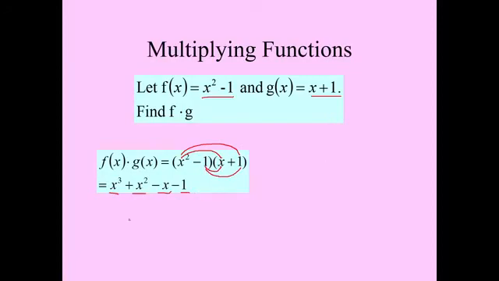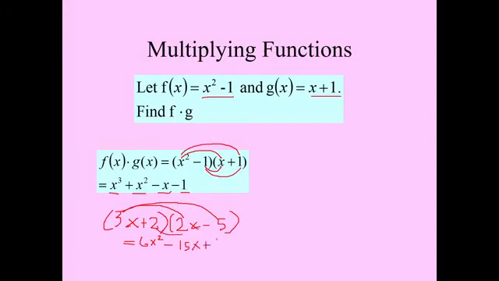What if I'm going to give you 3x plus 2, multiply that by 2x minus 5. For example, distribute. This is 6x squared. Distribute the outer terms, negative 15x. Multiply the inner terms, plus 4x.